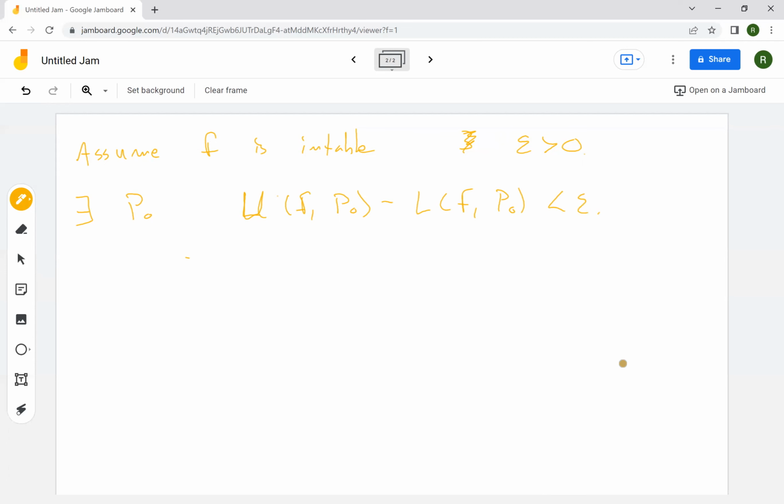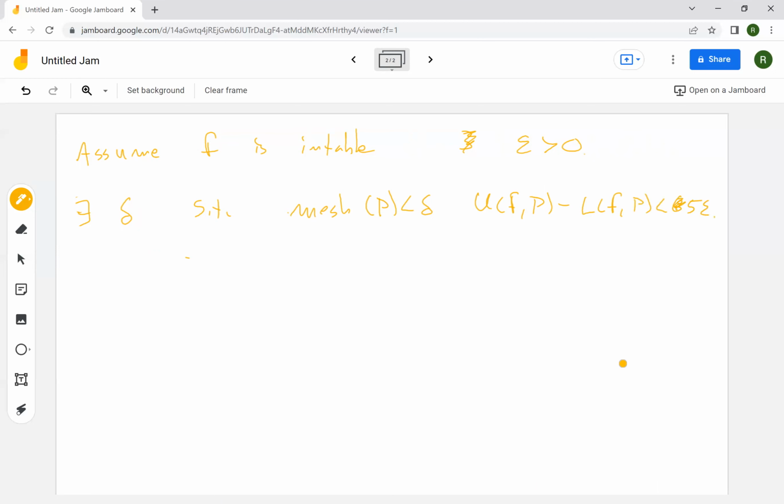And let me erase this and write it again because I want to be clear about what we're going to show. We're going to show that there exists a delta such that if the mesh of P is less than delta, then U of f,P minus L of f,P is less than 5 epsilon.